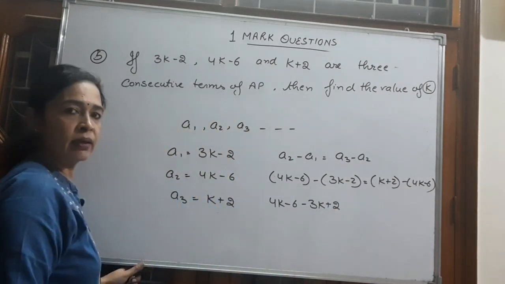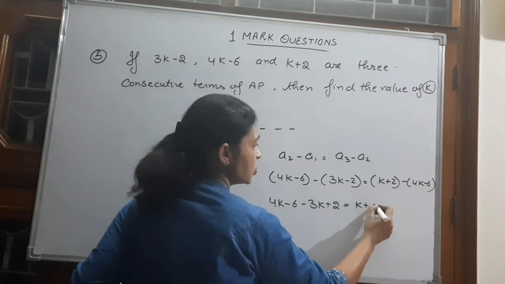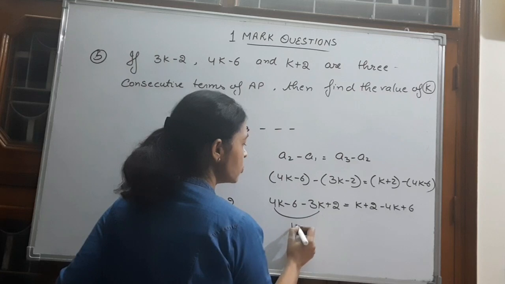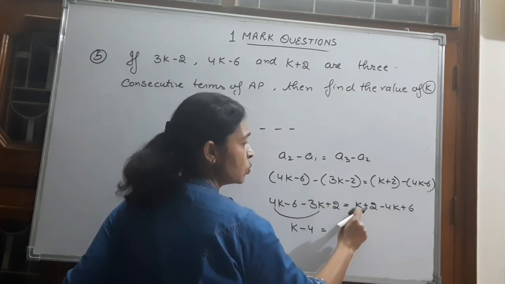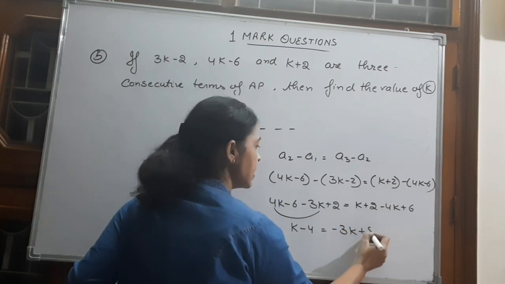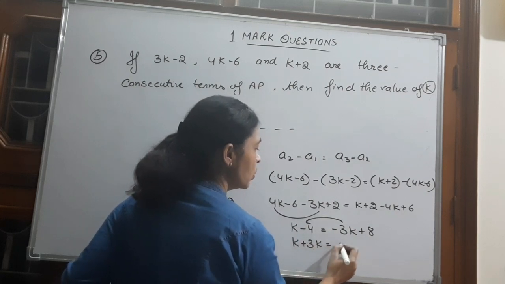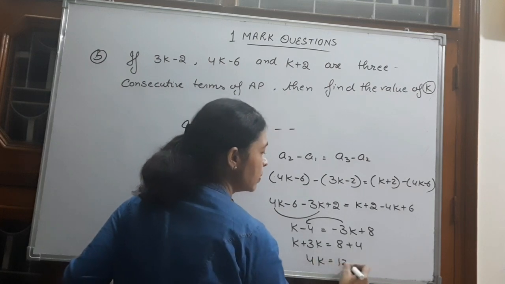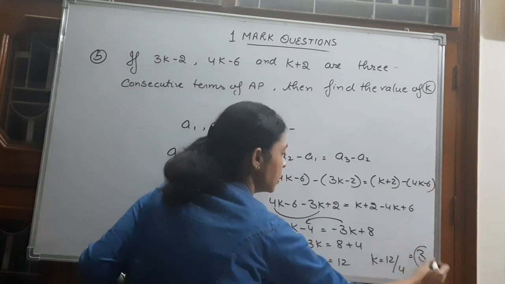The negative sign outside the bracket changes the signs inside: minus 4k plus 6. 4k minus 3k is k, minus 6 plus 2 is minus 4, equals k minus 4k. Taking 2 plus 6 gives 8, and k plus 3k equals 8 plus 4. 4k equals 12. And what is the value of k? 12 by 4. 3 is our answer.